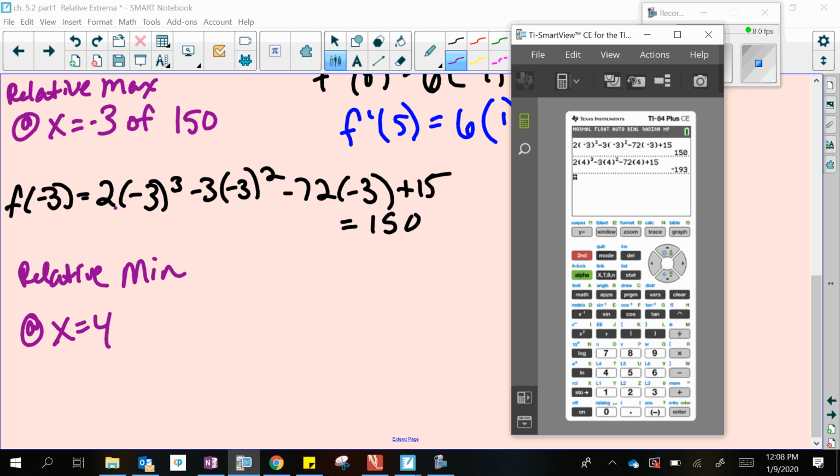You can do a second enter, and it gives you what you just typed in. You all familiar with that? And then you can scroll through and change the values. I don't know how many don't know what I'm talking about? Okay, all right. So it's just a handy tool to make sure you do it right without having to type it in twice. Okay, so f of 4 is -193.